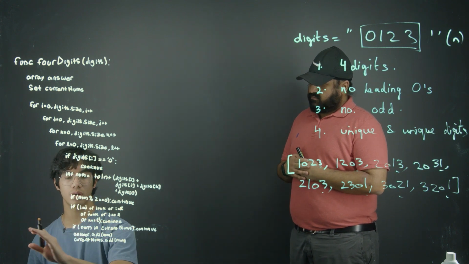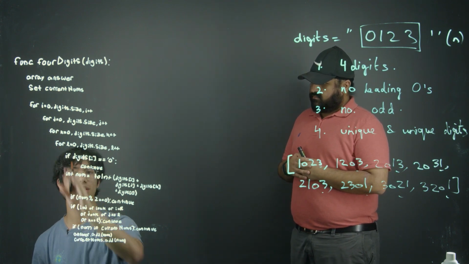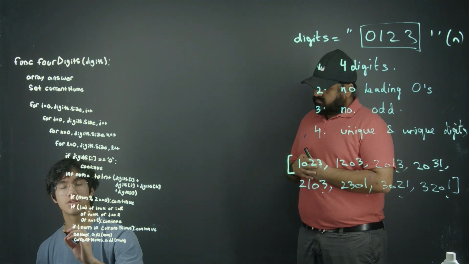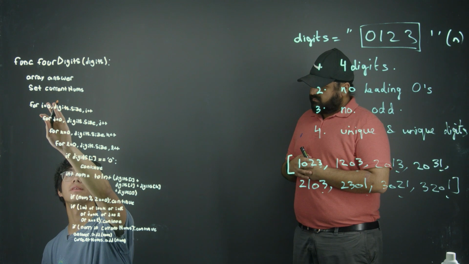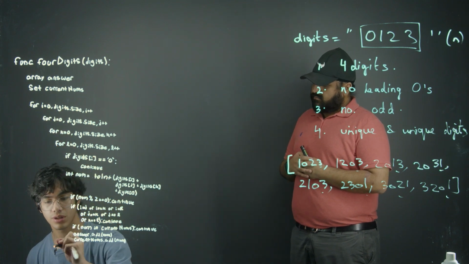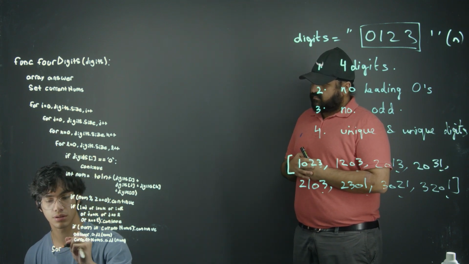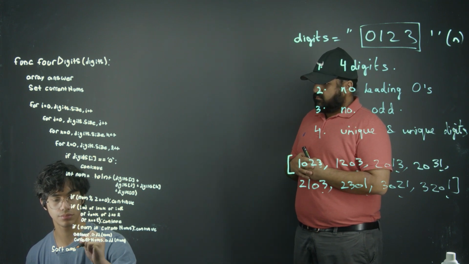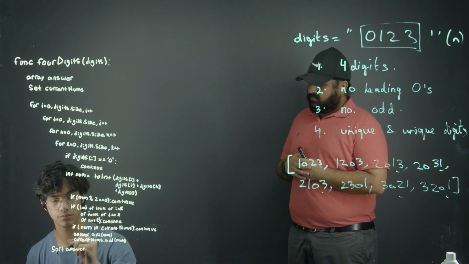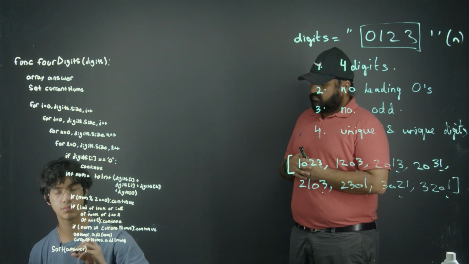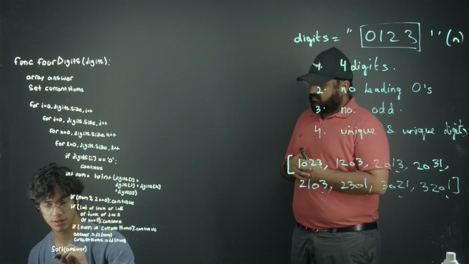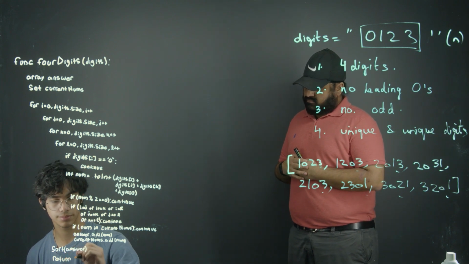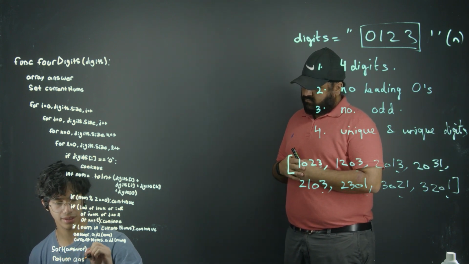So what we're going to want to do at the end, once we finish this enumeration, is we're going to use some built-in sorting function to sort the answer. So sort answer, and then we're just going to return answer.